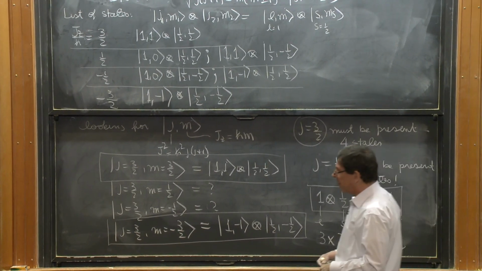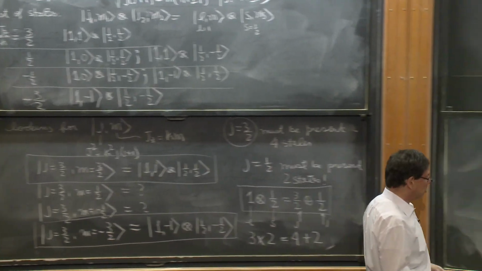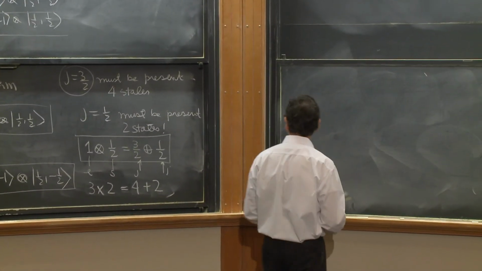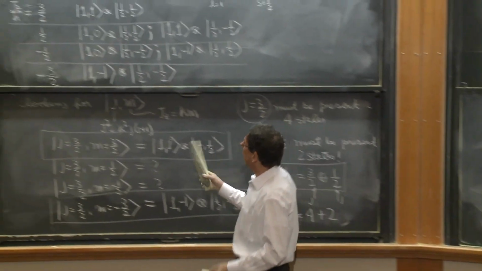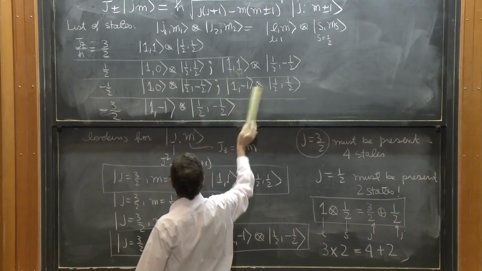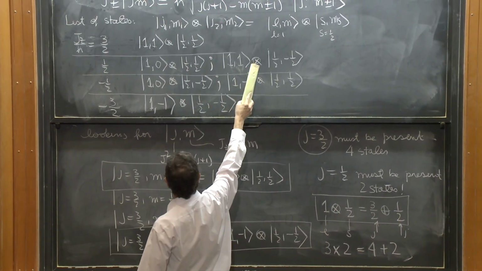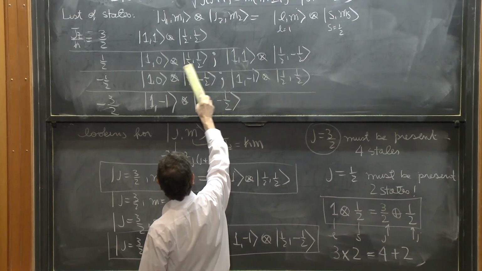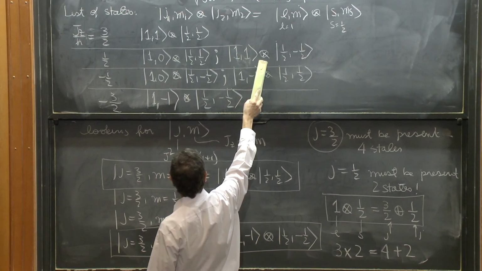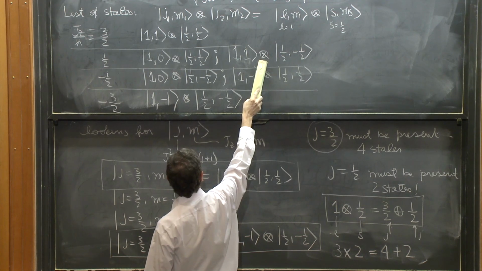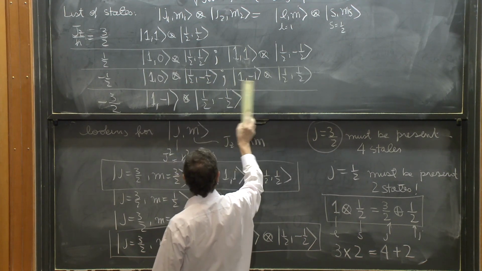It all arises because in the list of states that we have, we have 2 here and 2 here. Some linear combination belongs to the j equal to 3/2 multiplet, some linear combination belongs to the j equal to 1/2 multiplet, and the same for these 2 states.